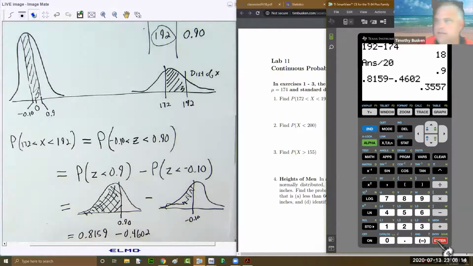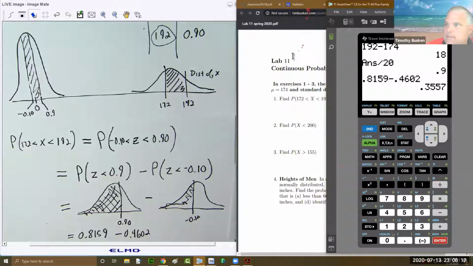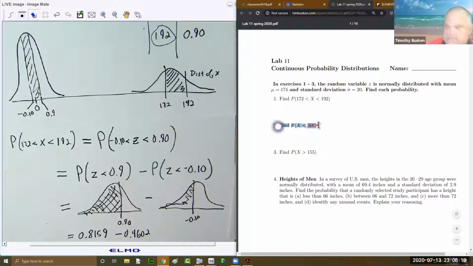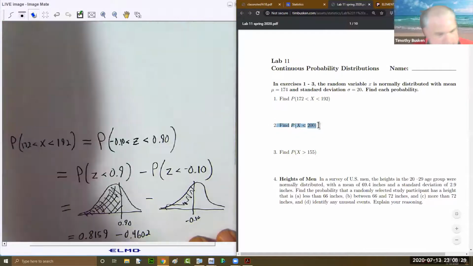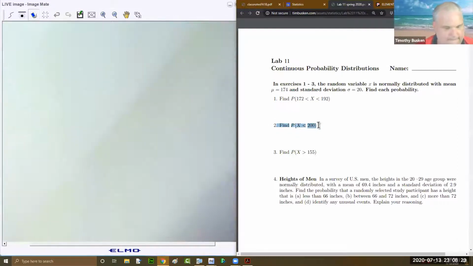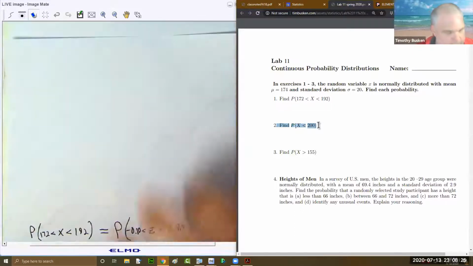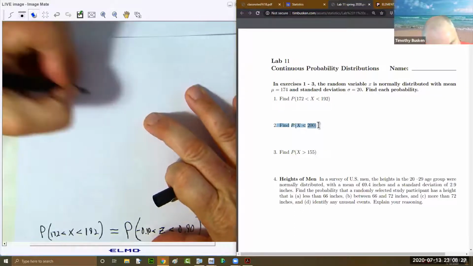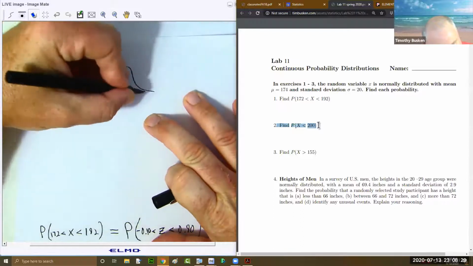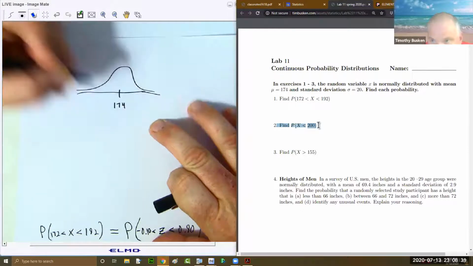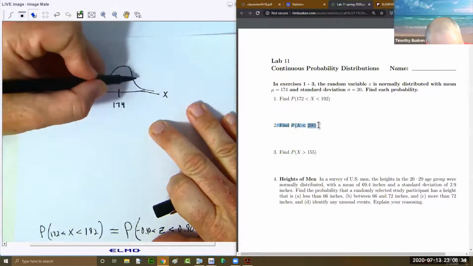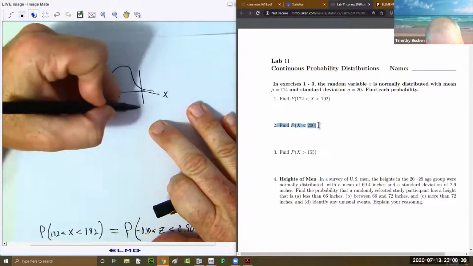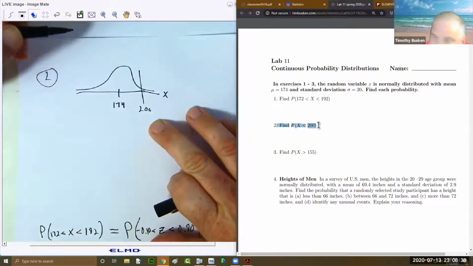If you take a look at the next question on the lab, the probability X is less than 200, draw a picture for that. There it is. We know 174 is in the middle, so 200 is going to be right here. And it's a less than.